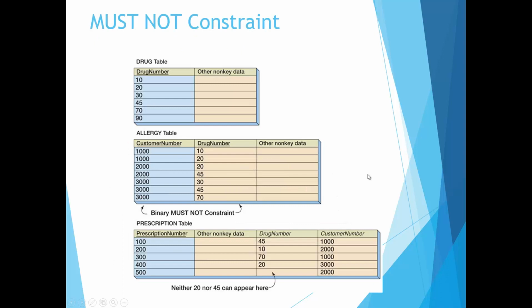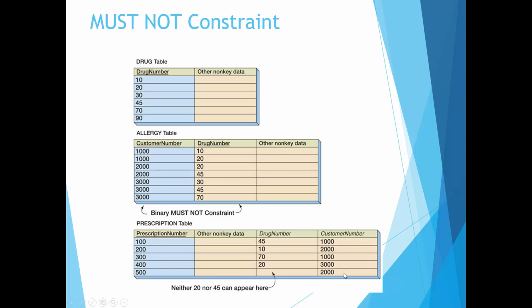For the must not constraints, in this example, we have two drugs, 20 and 45, which can cause an allergic reaction to customer number 2000. With that being said, neither 20 nor 45 should be prescribed to that customer. So I have 20 and 45 are the allergic drugs that can cause allergic reaction to customer number 2000.